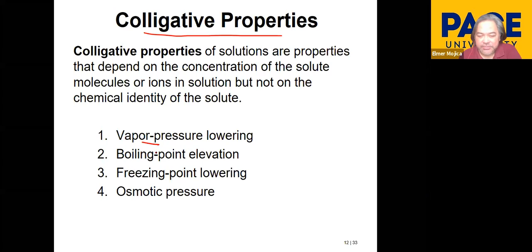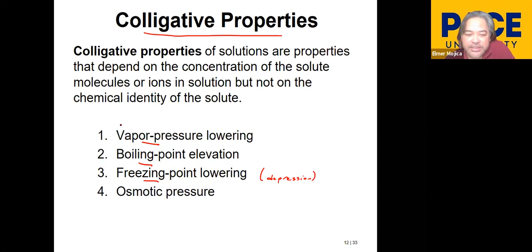We discussed vapor pressure in chapter 11. We also know what boiling point and freezing point mean. So we have boiling point elevation and freezing point lowering, which in other books is called freezing point depression.